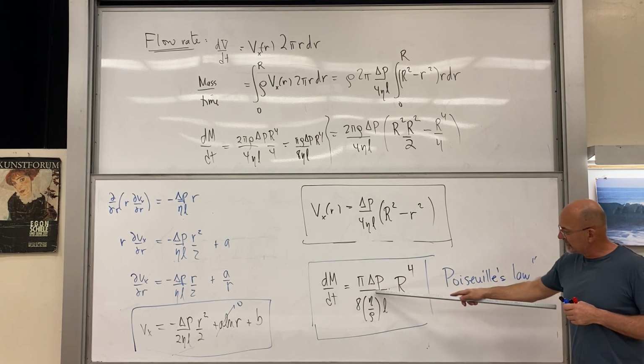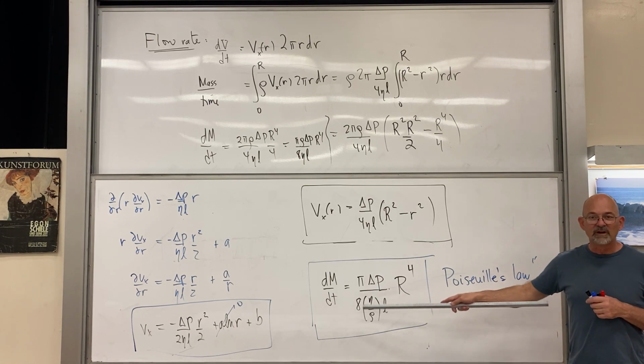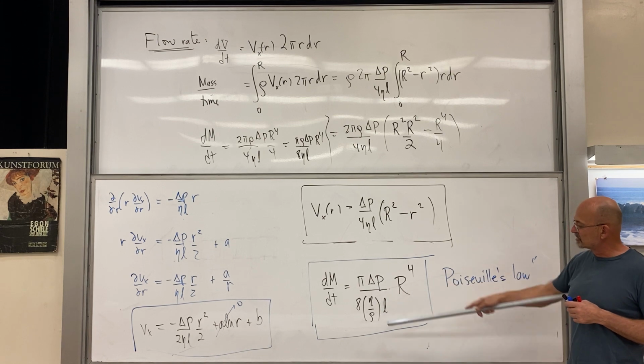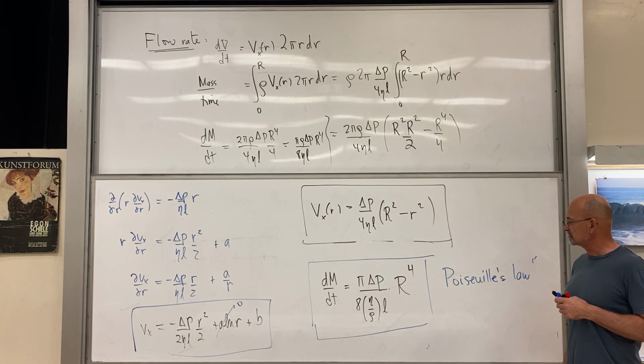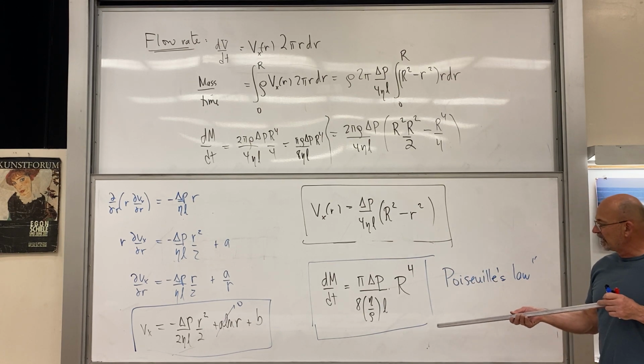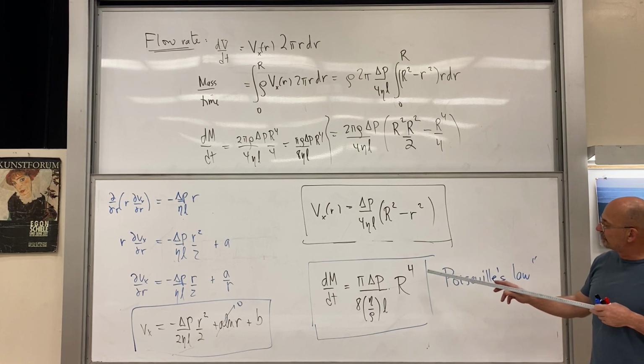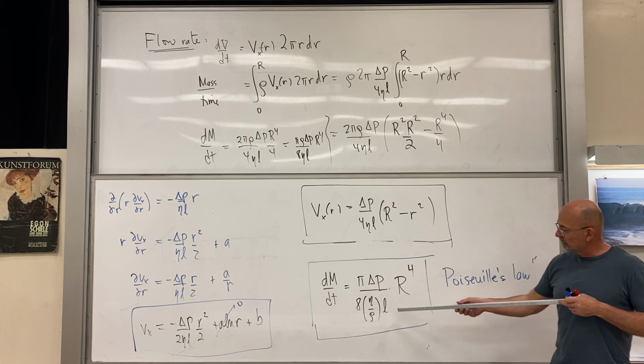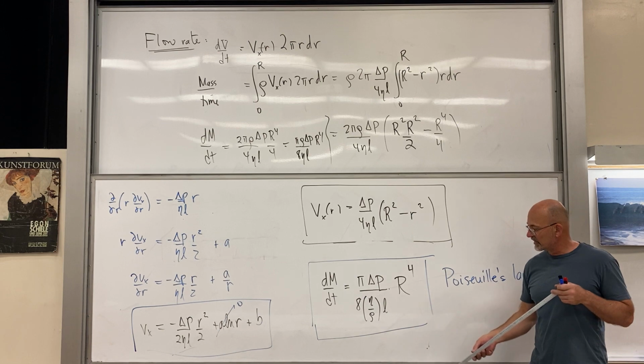Nonetheless, this eta over rho is itself an important quantity in the Navier-Stokes equation. Good. I think we'll leave it at this, and what we're going to do next time is formulate the Navier-Stokes equation with this quantity there.